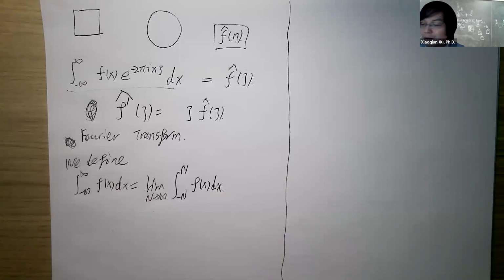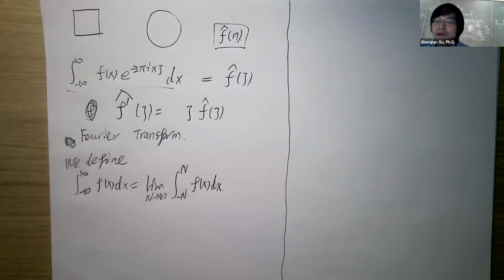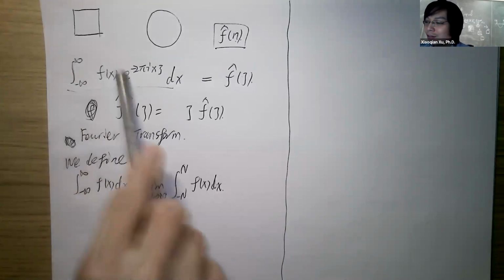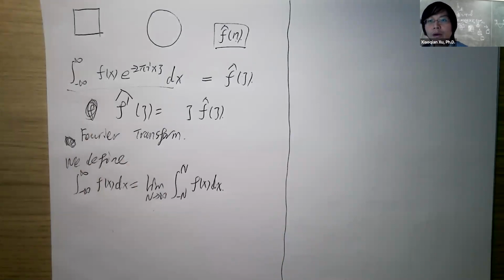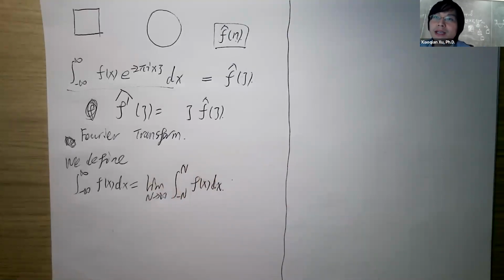Then, in this kind of definition, if we would like to do some surgery or manipulate our function in this way, then probably we want this integral to make sense. So what we're trying to say is, let's suppose our function decreases very fast so that we are able to take this kind of limit.